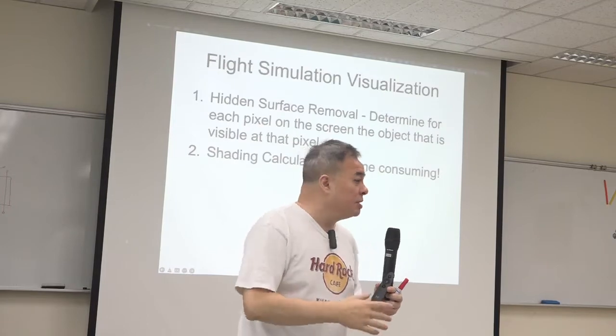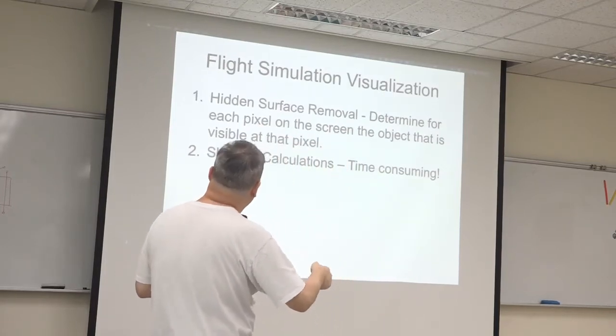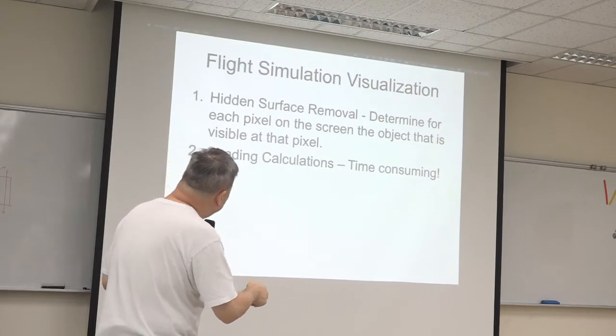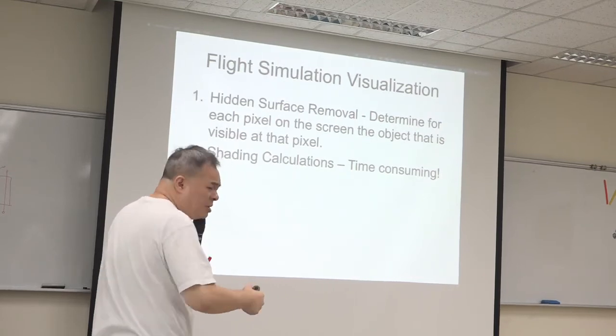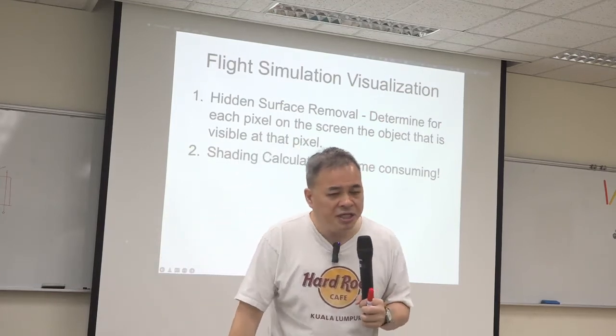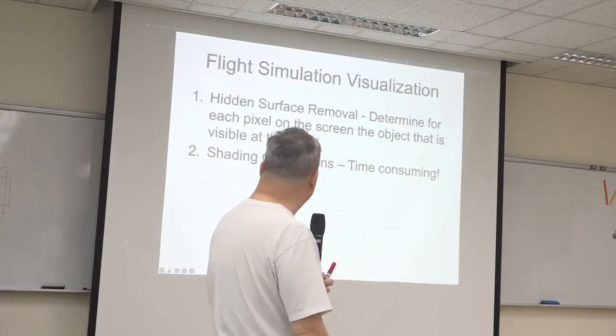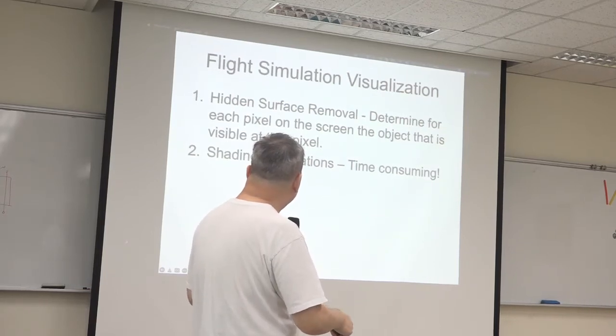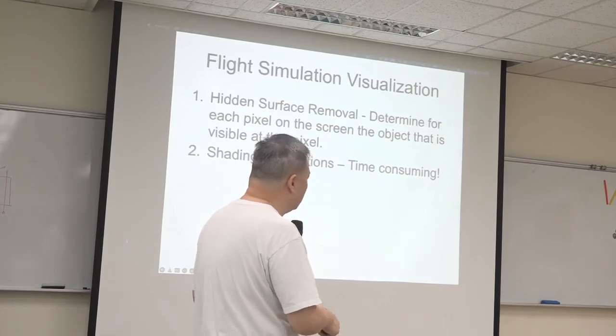So the same concept will be applied. That's basically called hidden surface removal. This concept has a lot of application in game playing. And to do these shading calculations takes a lot of time.